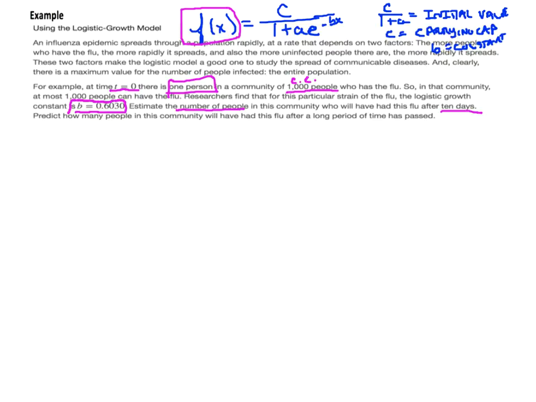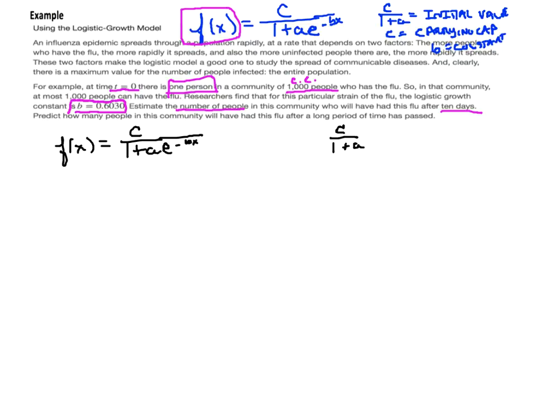Okay, so we start with our model. F of x equal to c over 1 plus a times e to the negative bx. So our initial value is equal to c over 1 plus a.